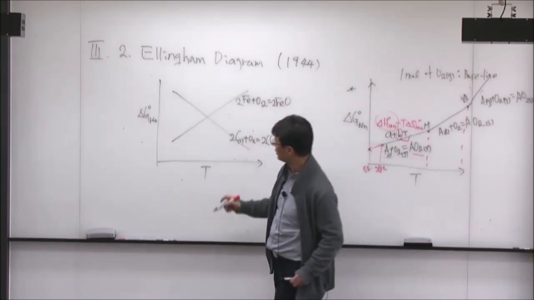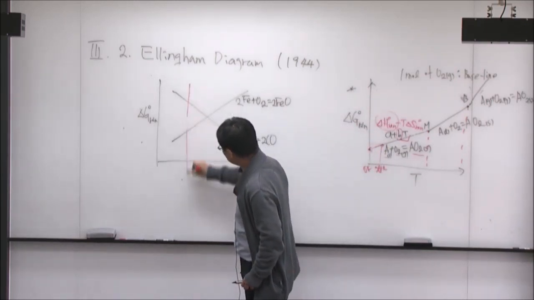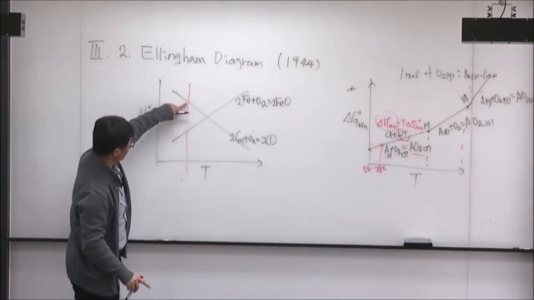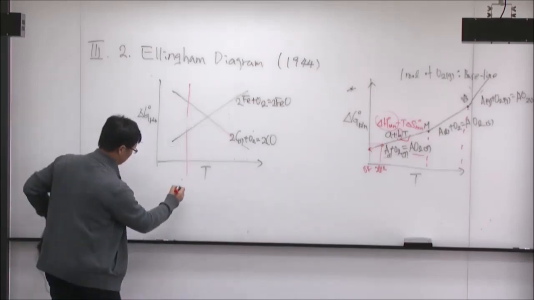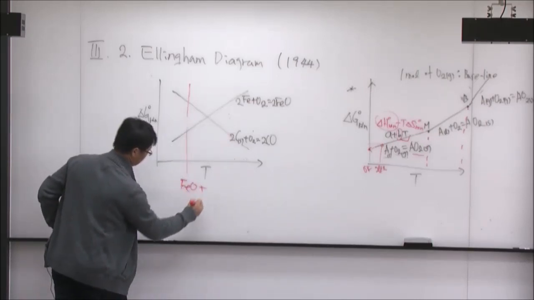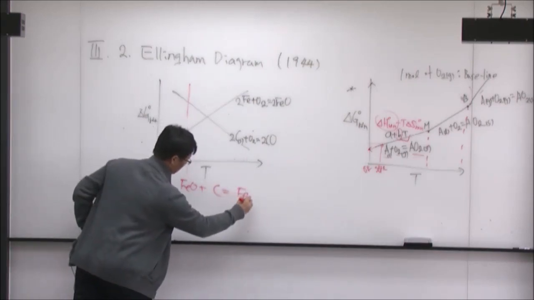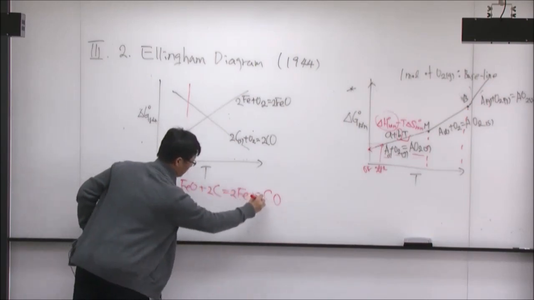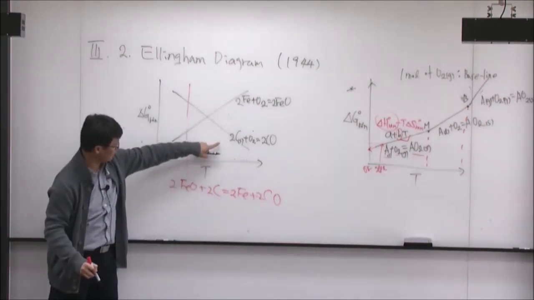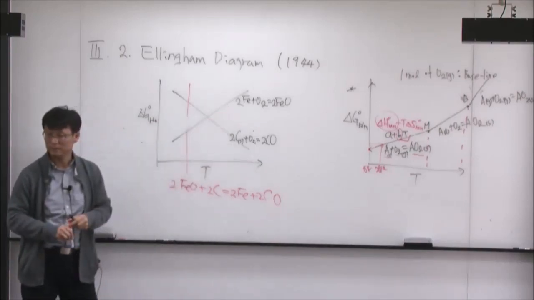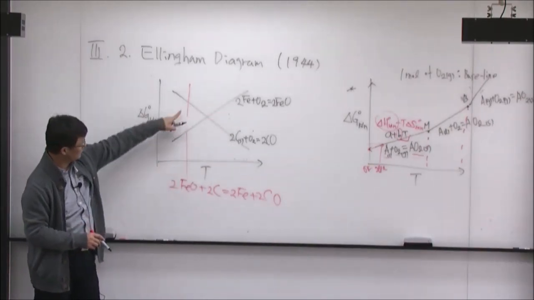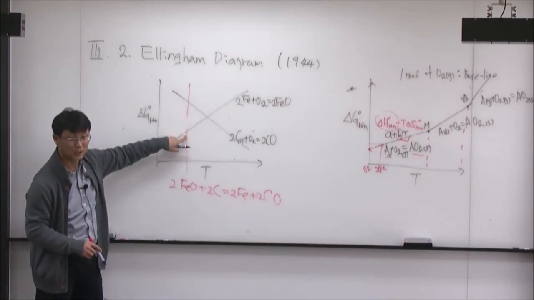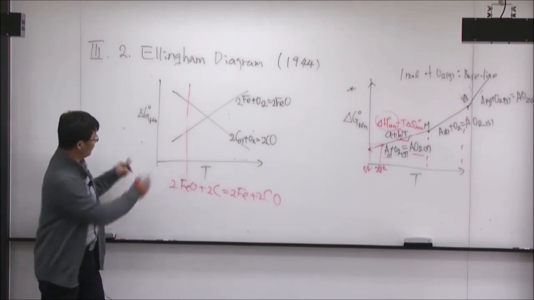If you look at this one, at this temperature here, if I now want to make FeO this way, I'm mixing this one and this one, this minus this one. Okay? And this side here, this minus this one is positive. So this chemical reaction here.